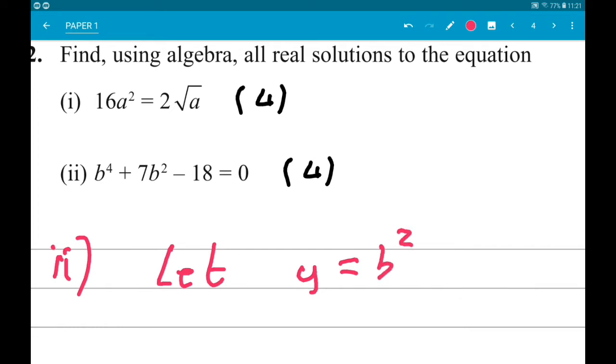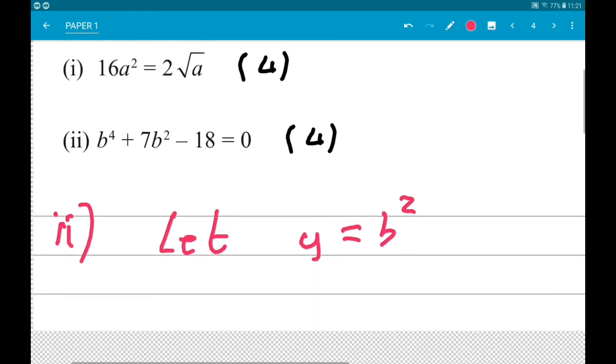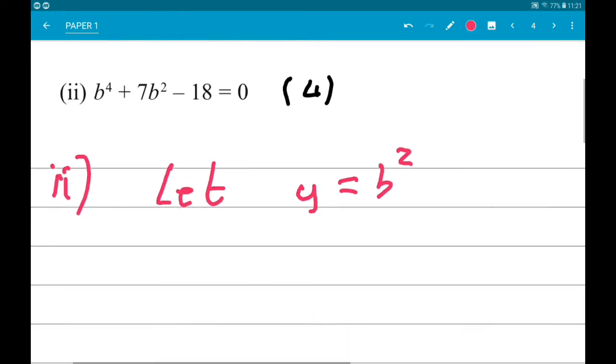Then that means b to the power 4 is y squared. So then we have y squared + 7y - 18 equals 0.